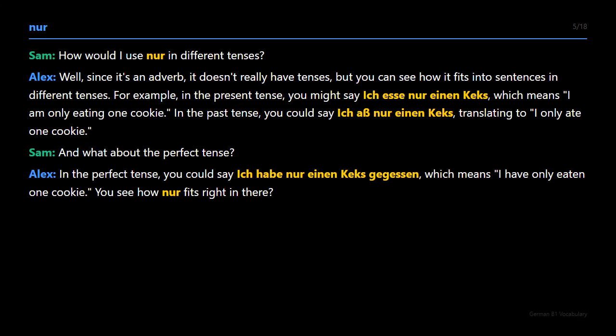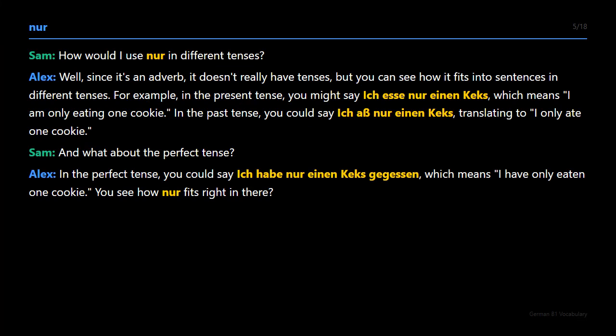For example, in the present tense, you might say, Ich esse nur einen Keks, which means I am only eating one cookie. In the past tense, you could say, Ich aß nur einen Keks, translating to, I only ate one cookie.